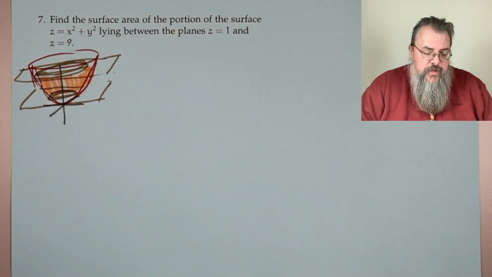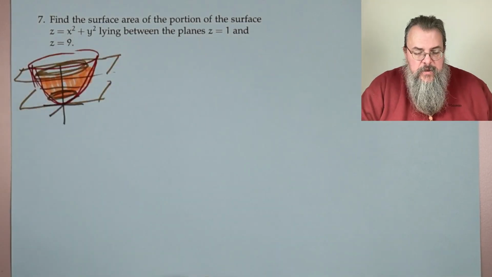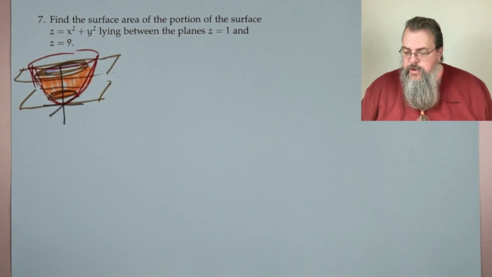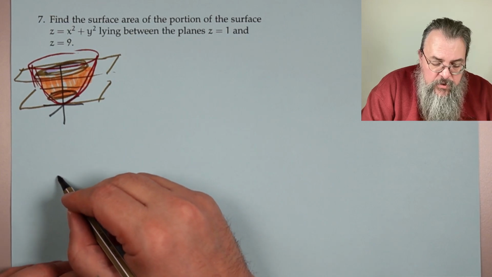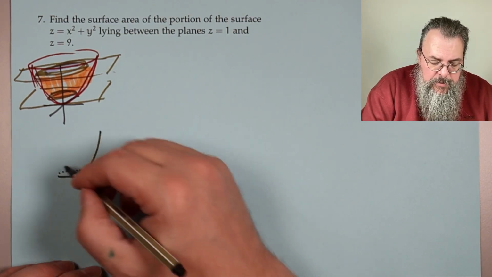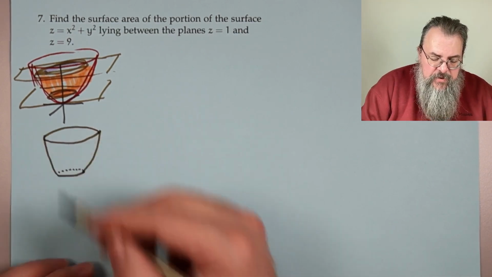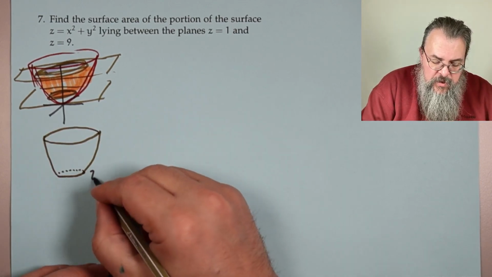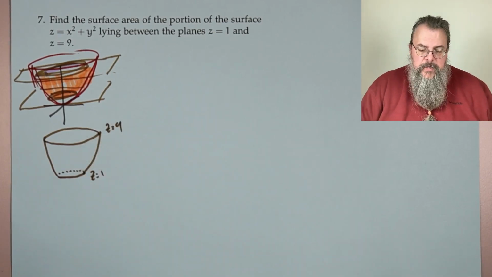Okay, maybe my picture got too messy, so let's just draw it one more time. So we have this small part down below, and then we're going up, and then we have this larger part up above. And so this is at z equals 1. Here we're at z equals 9. And yeah, there we go, right?